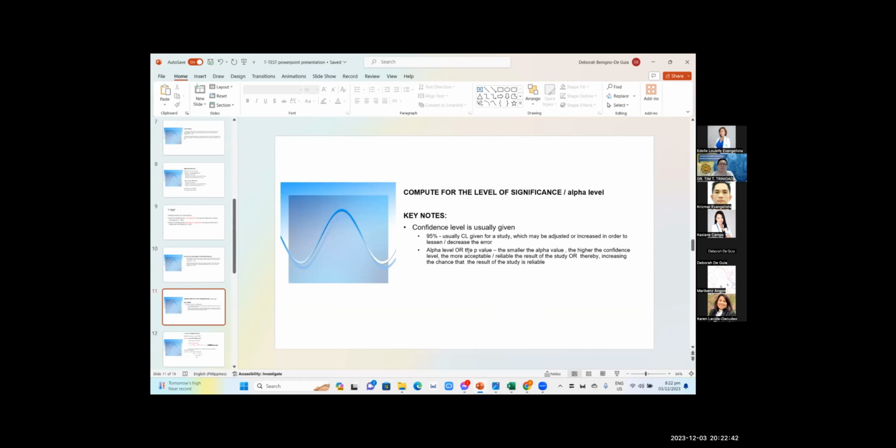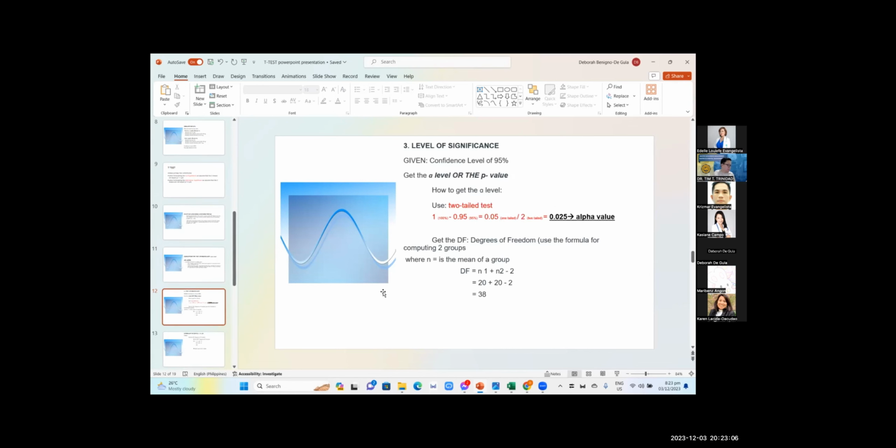The alpha level or the p-value states that the smaller the alpha value, the higher the confidence level, the more acceptable or reliable the result of the study is, or increasing the chance that the result of the study is reliable.